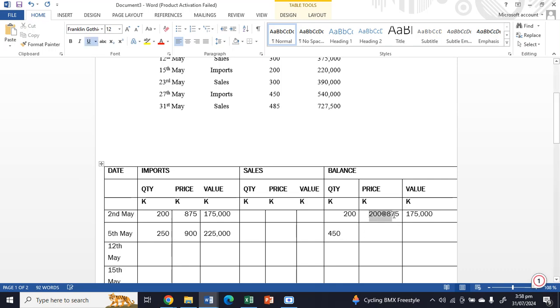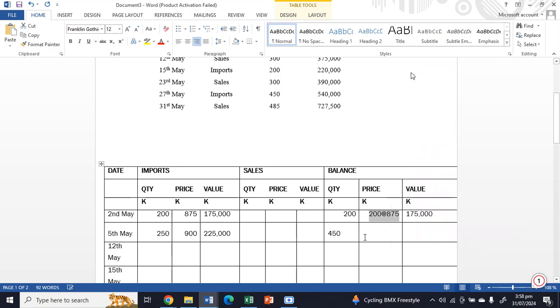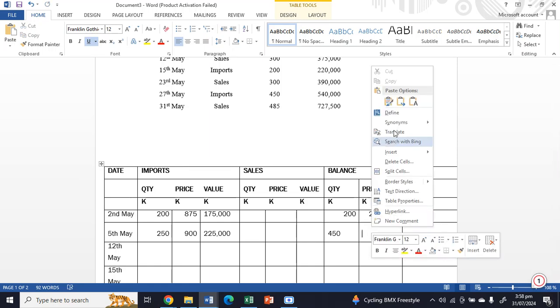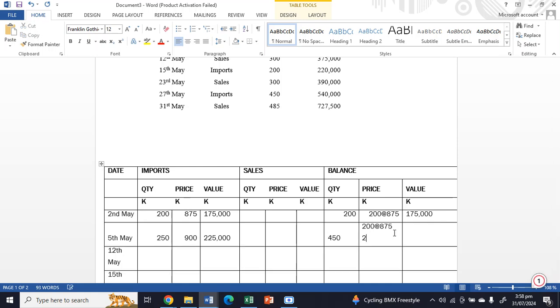Right, 200 of them at 875, and 250 of them at 900. We put the total amounts here.